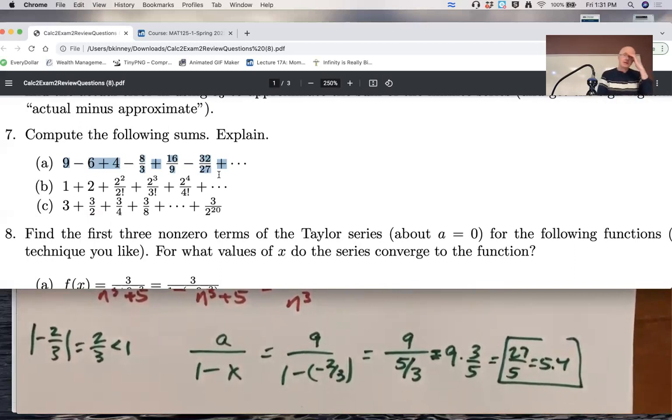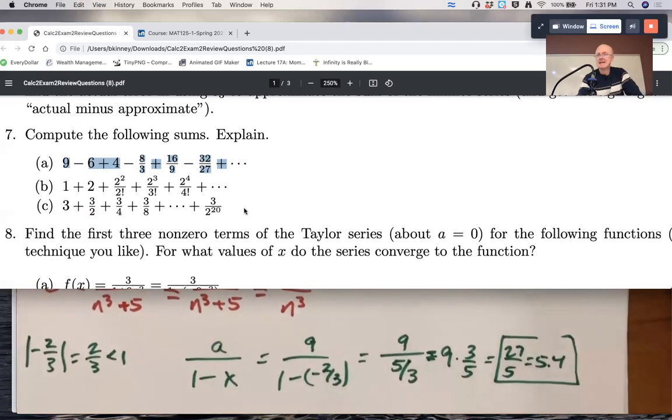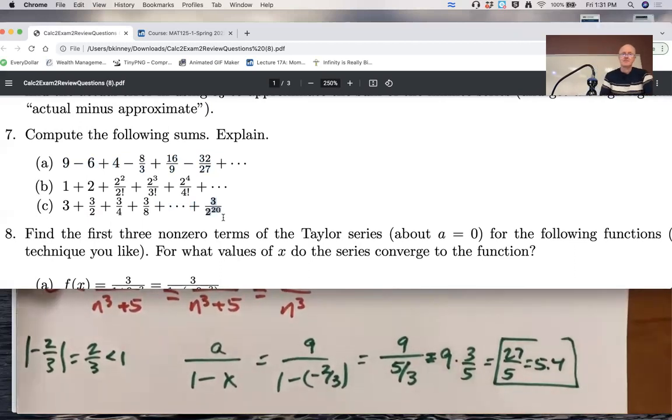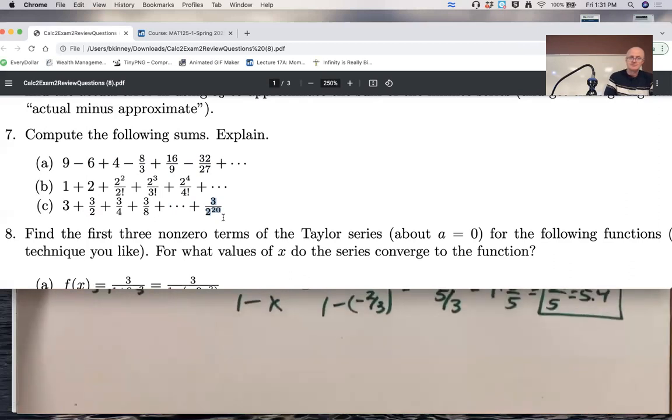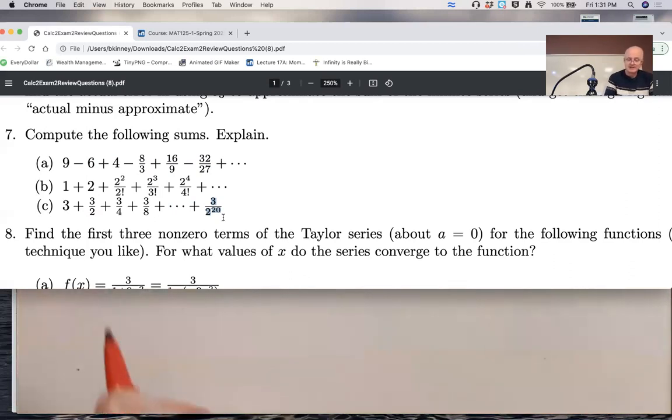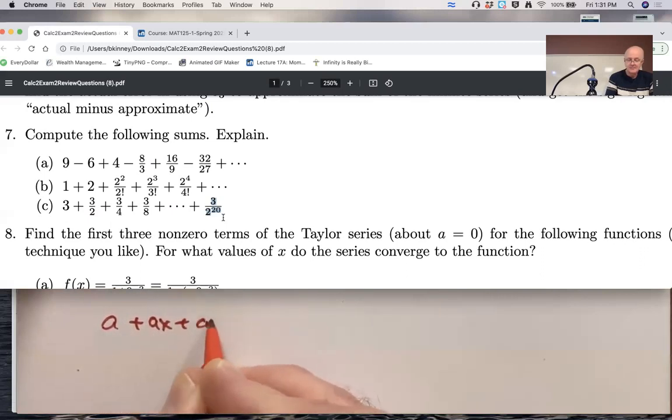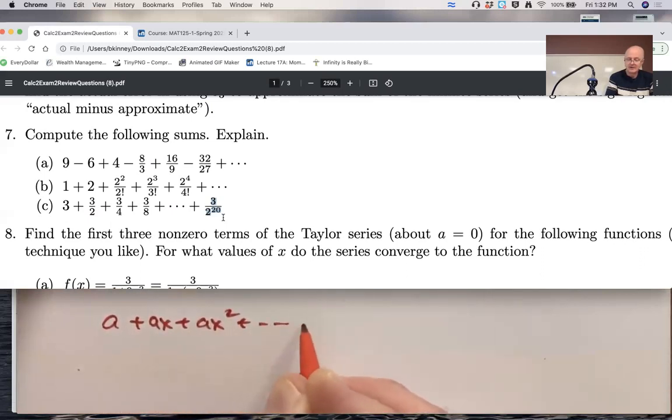C is also a geometric series, but it's a finite geometric series. There's no plus dot dot dots at the end here. In the middle there are, but here that's the last term. A finite geometric series written in this form, A plus AX plus AX squared, etc., through AX to the n minus 1.